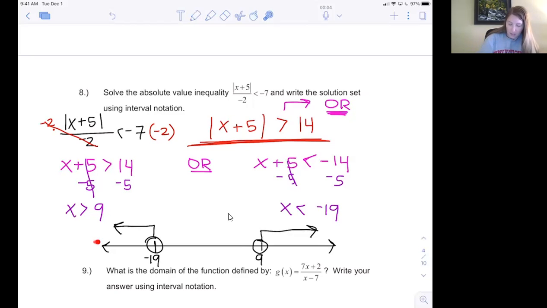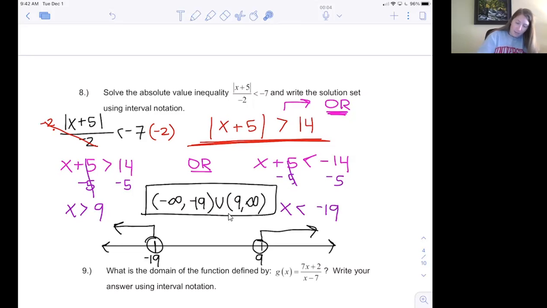I start here, so I'm going from negative infinity all the way up to negative 19, parentheses, and then this union, and I start back up at 9, and I go all the way to infinity. Remember, because it's an "or", I just want all of my solutions. Okay, hopefully that all makes sense.